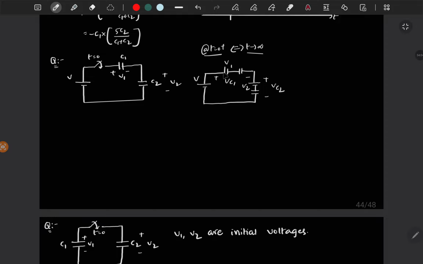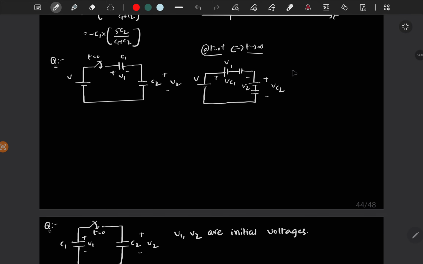Now find VC1. This positive terminal is connected to this positive terminal, and this negative terminal is connected to this positive terminal. So these two voltages will add up, and this source voltage will be subtracted with this equivalent voltage.